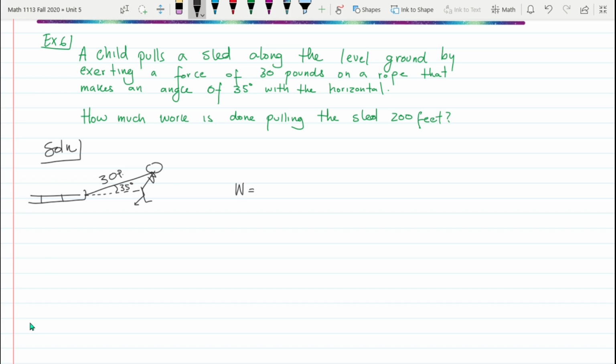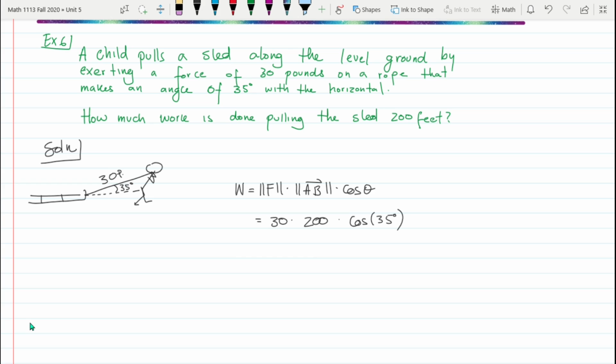Work is equal to the magnitude of the force, like numerically how much force is happening, times the distance, pretty much, times cosine of theta. So force, 30 pounds, times how long, 200 feet, times cosine of 35 degrees.